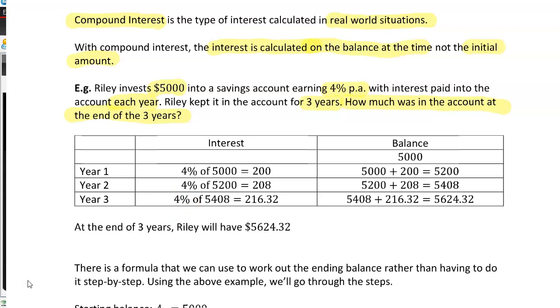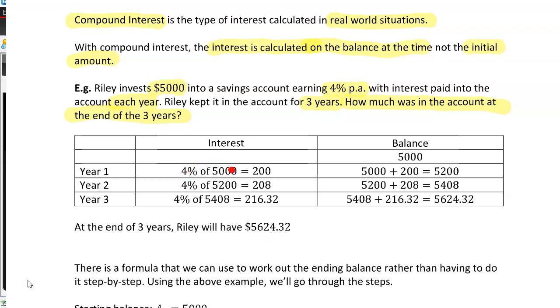Year 3, 4% of our new balance, $5,408, and that interest is $216.32. So at the end of year 3, Riley will have $5,624.32.